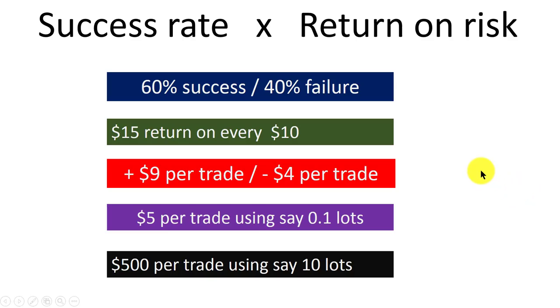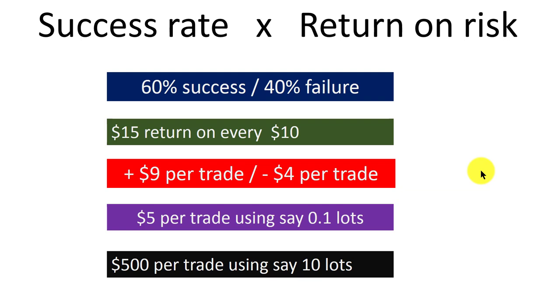Now, to many people, it just sounds too fantastic to be able to make $1 million out of Forex trading, but the millionaires ratio is actually an incredibly simple one. Basically, you just have to have a reasonably good success rate, and I'm saying reasonable, 60% is enough, and a good return on risk.